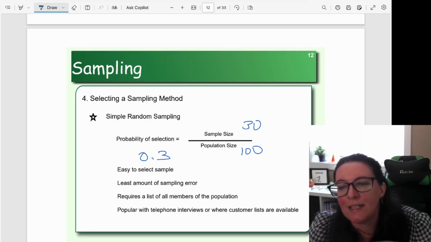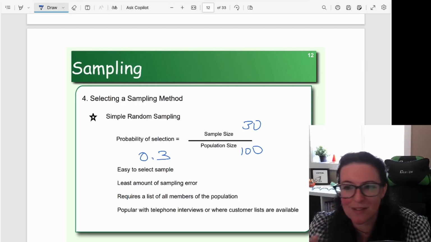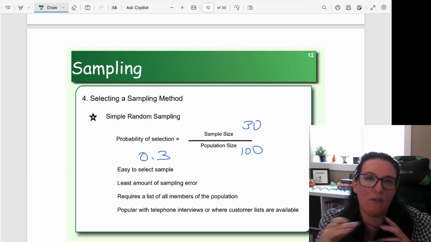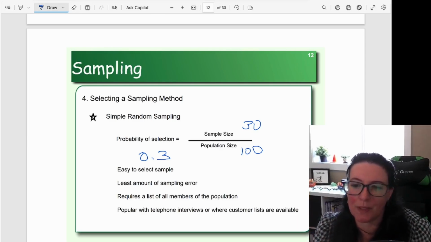In order to do simple random sampling, you do need to have the names or the phone numbers of everybody in your population. So it requires a list of all of the entities within that population of interest.